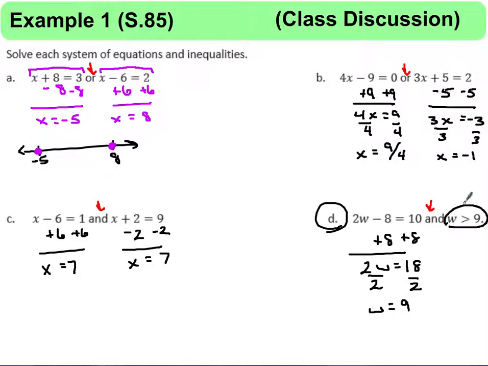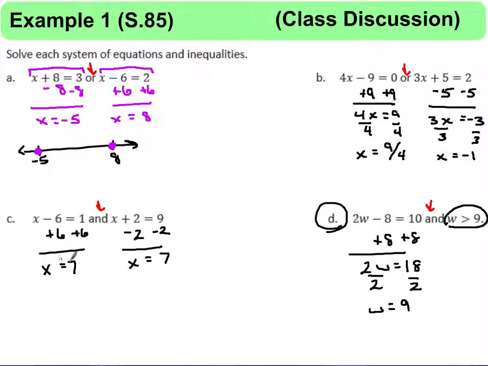Now what we didn't previously discuss is what it means to be an "or" versus an "and". For an "or", as long as we have negative 5 or 8 in part A, then this is considered true. In part B, same thing, it's an "or", so as long as one of these two numbers occurs in a situation, then it's true.